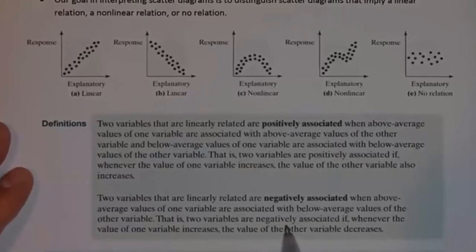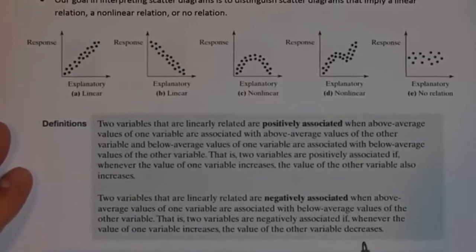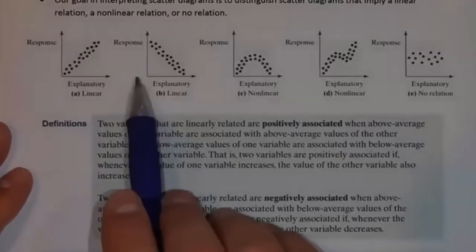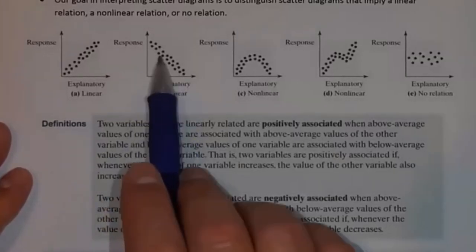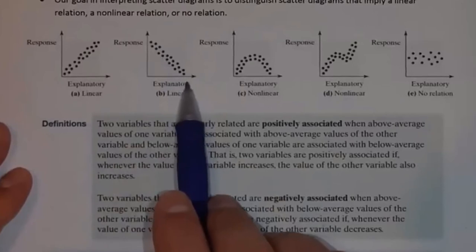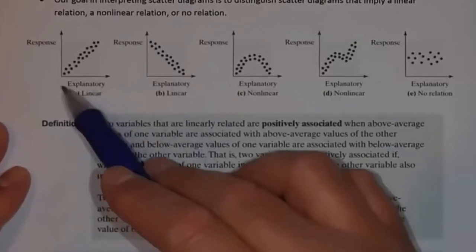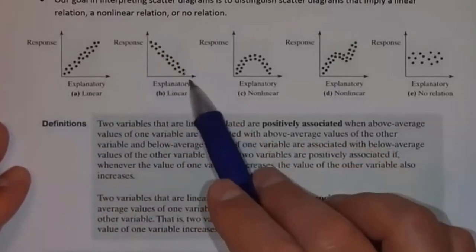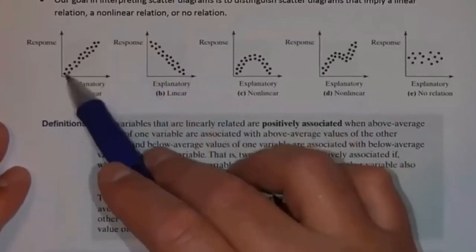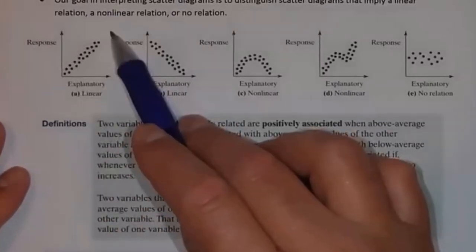That is, two variables are negatively associated if, whenever the value of one variable increases, the value of the other variable decreases. So in other words, as x is getting bigger, y is getting smaller. So it's linear because we have a consistent decrease. This is linear because we have a consistent increase.